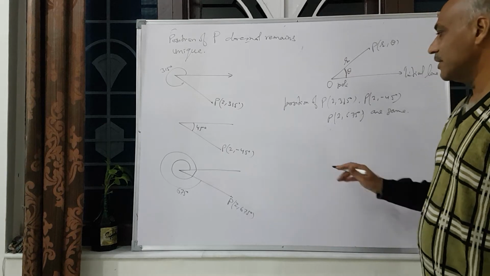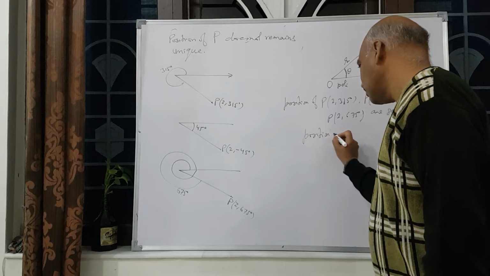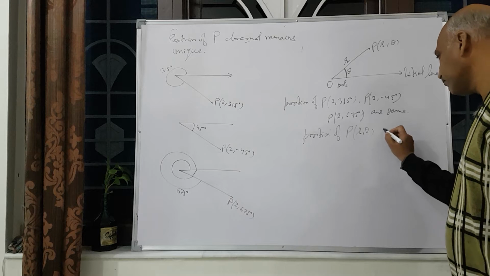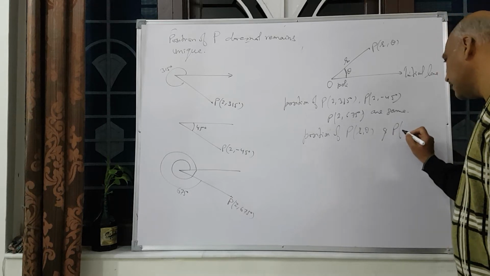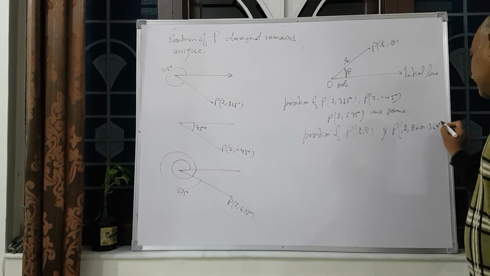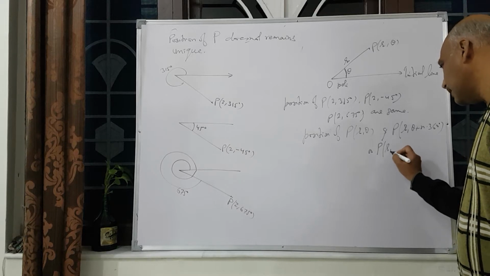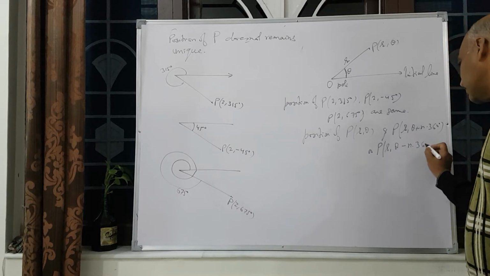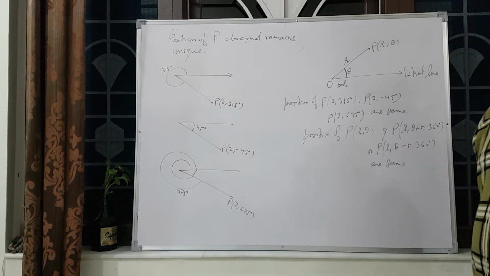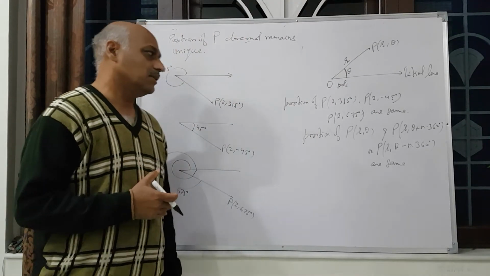Okay? It means the position of P(r, theta) and P(r, theta plus n times 360 degrees) or P(r, theta minus n times 360 degrees) are the same. So (r, theta) or (r, theta plus or minus n times 360 degrees).